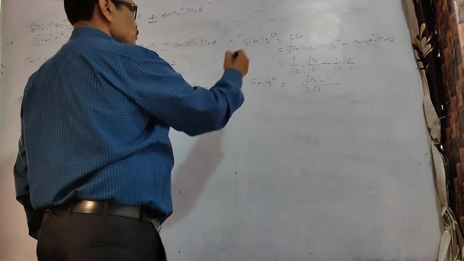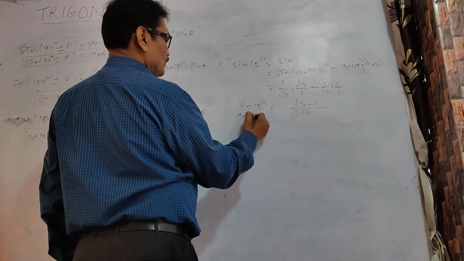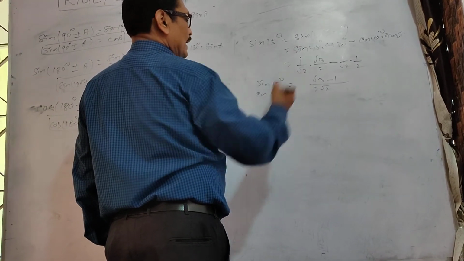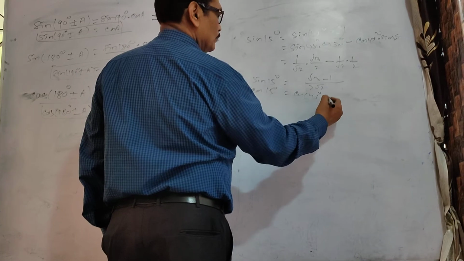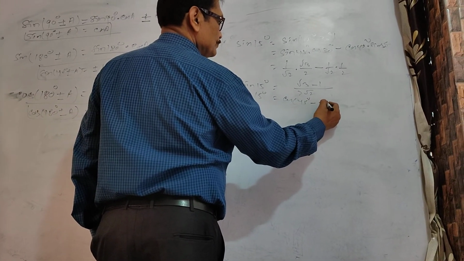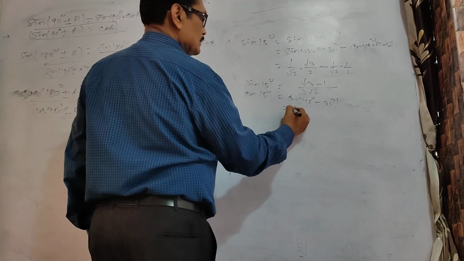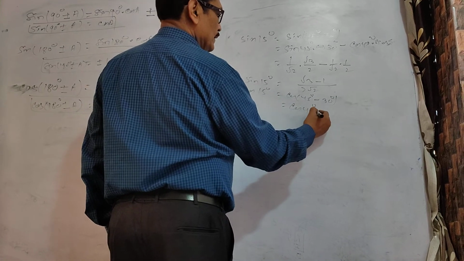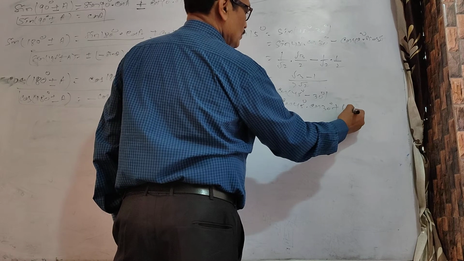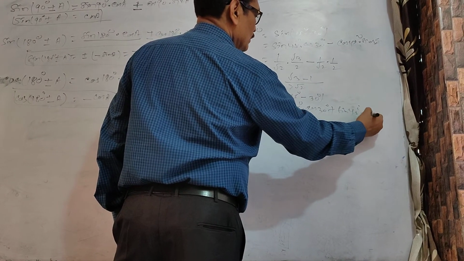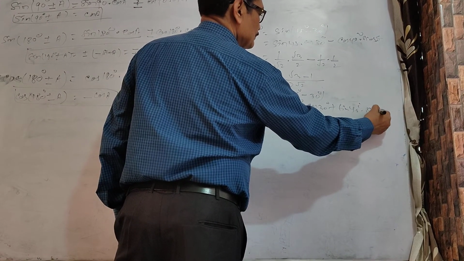Similarly, if it is to find cos 15 degree, we can do accordingly. Cos(45 degree minus 30 degree) is cos 45 degree into cos 30 degree plus sin 45 degree into sin 30 degree.